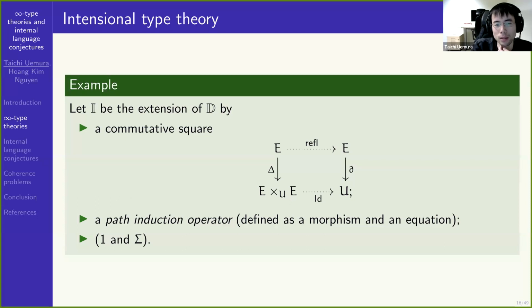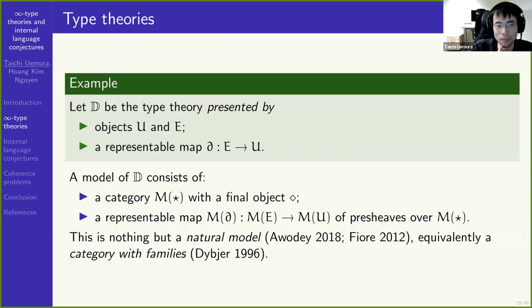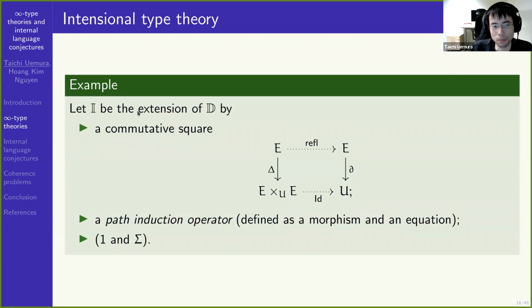So we consider extending this type theory. So this D corresponds to the type theory without any type constructors. So we extend it by joining some type constructors. For example, let I be the intensional type theory. So we add intensional identity types, which are defined by some, first of all, commutative square. So ID is the formation rule, and the reflexivity is the introduction rule.